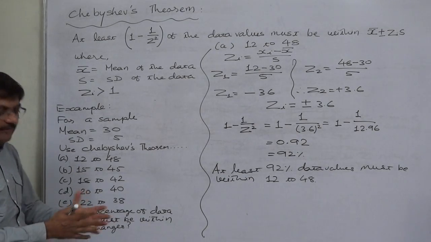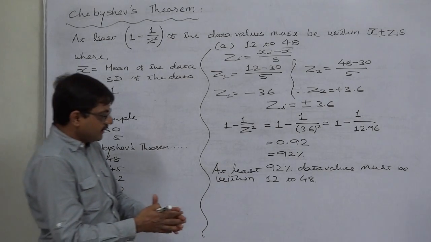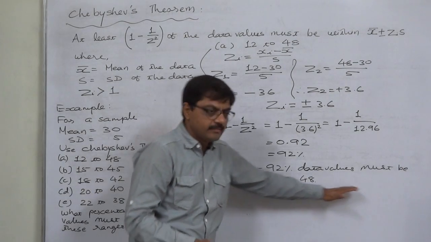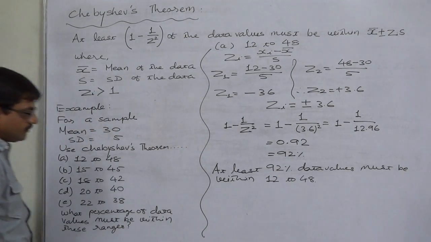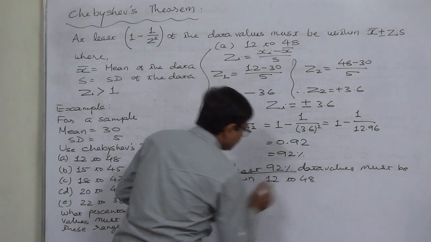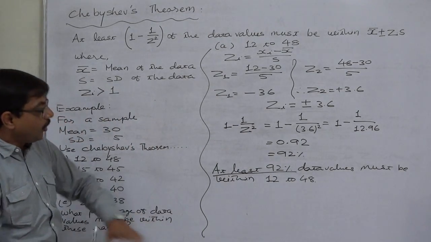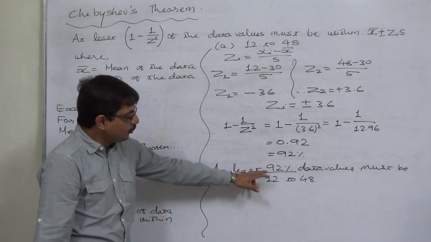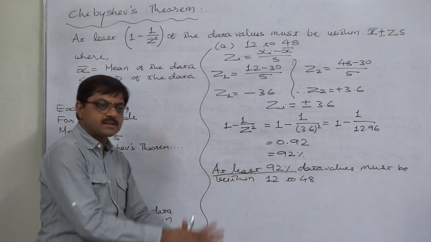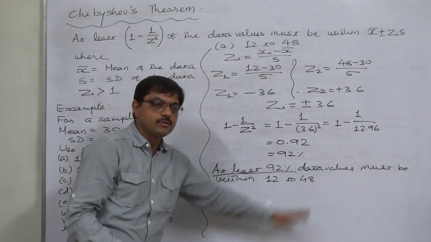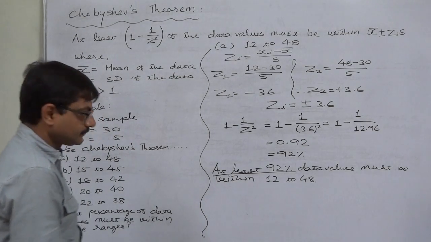Only 8% values are there. Some of them can be less than 12 and the remaining can be greater than 48. It is at least 92%. That means there is a possibility that all the values are between 12 and 48. At least 92% means from 92% to 100% data values must be within 12 to 48.